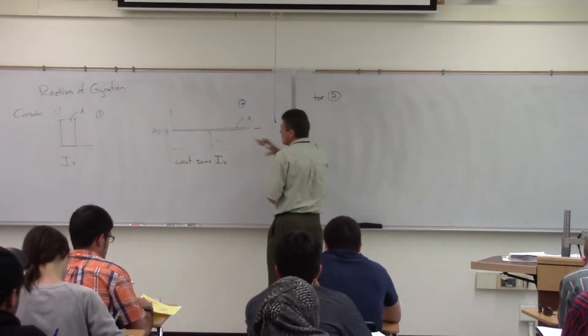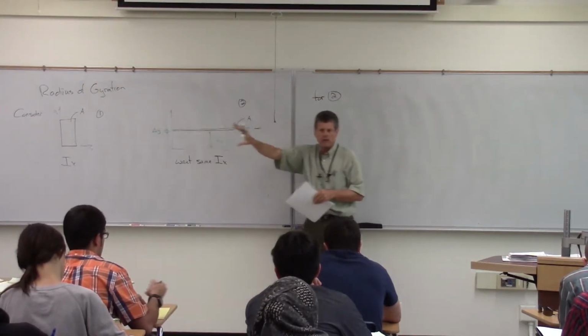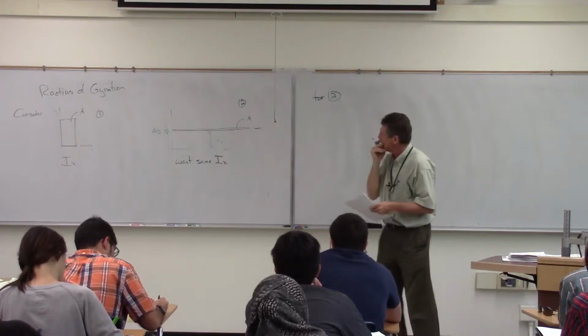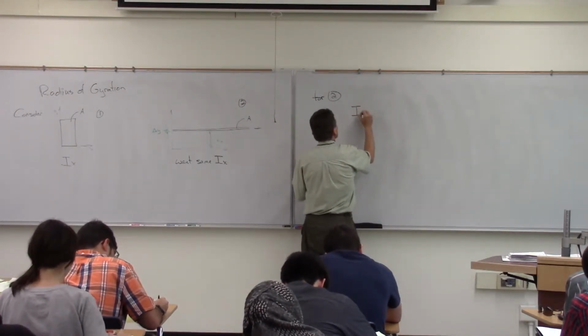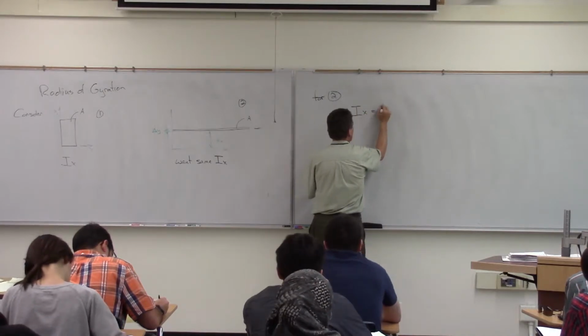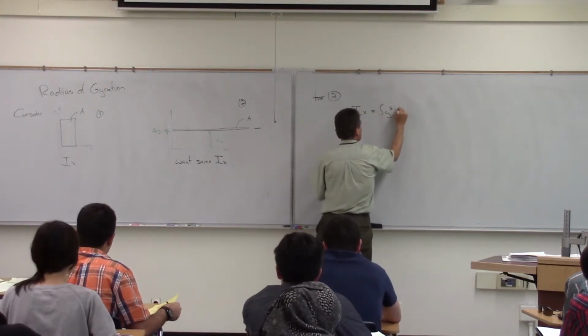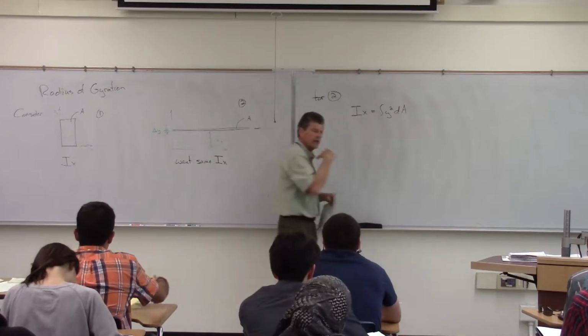Okay, so if I want to consider doing that same approach where I want to integrate that, that's actually going to be a really nice, easy integration. I'll set up my integration like I've done before.